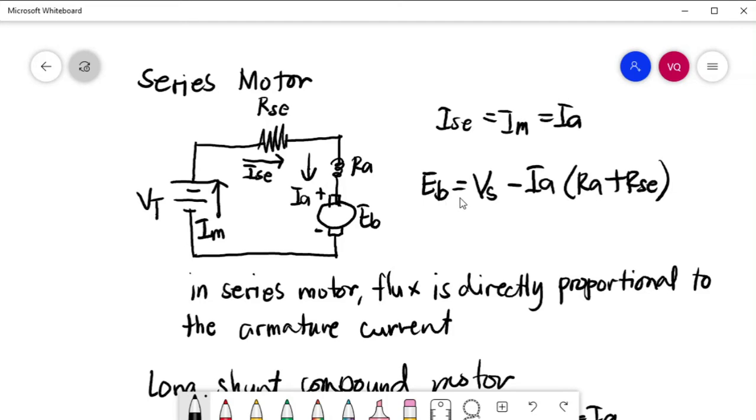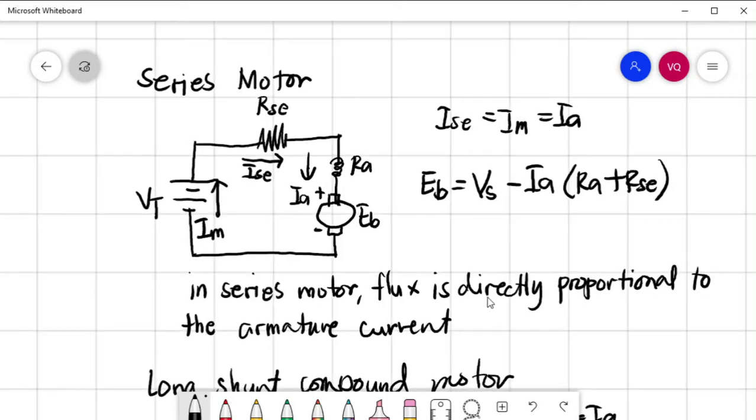So Eb is equal to the source voltage minus the drop in Rse and the drop in your Ra. So in series motor, flux is directly proportional to the armature current. The flux is inside the motor. It is directly proportional to the armature current.